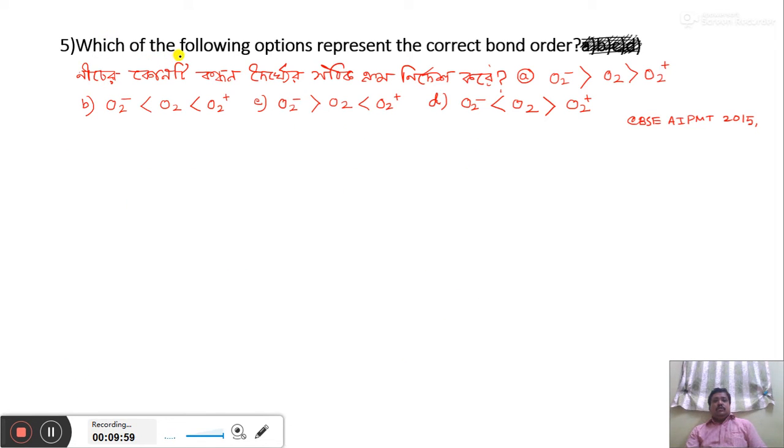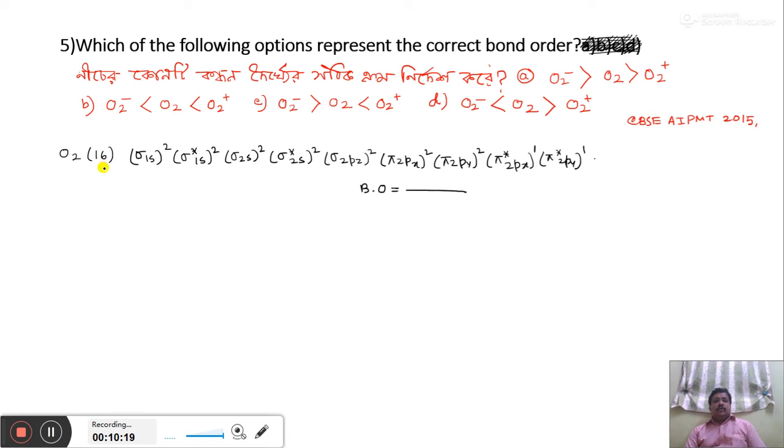Question is, which of the following options represents the correct bond order? These are the 4 options involving O2, O2+ and O2-. To solve this question, we have to determine the bond order of 3 species, O2, O2+ and O2-. In case of O2, which contains 16 electrons, the electronic configuration is sigma 1s2, sigma star 1s2, sigma 2s2, sigma star 2s2, sigma 2pz2, pi 2px2, pi 2py2, pi star 2px1, pi star 2py1.